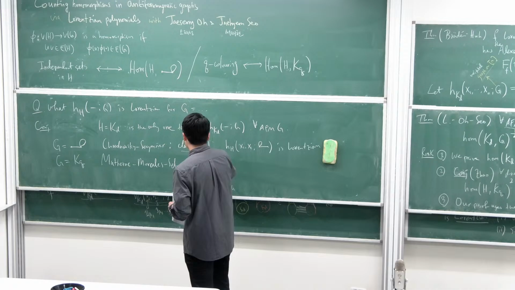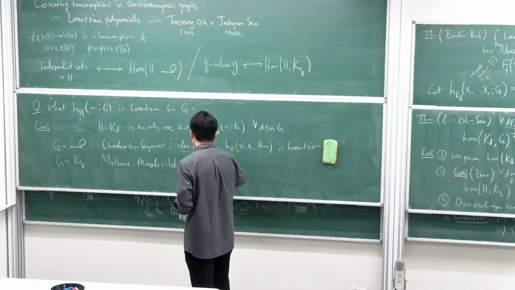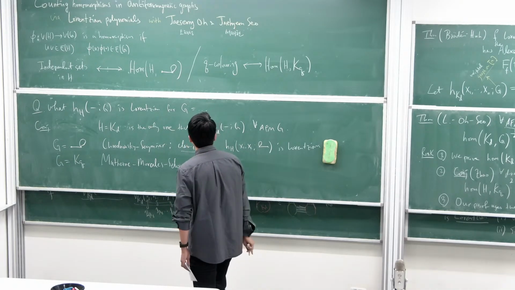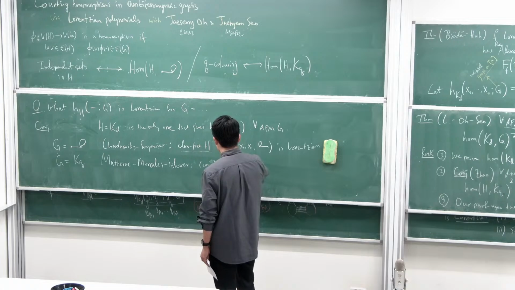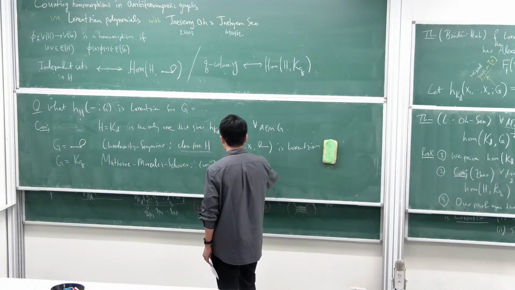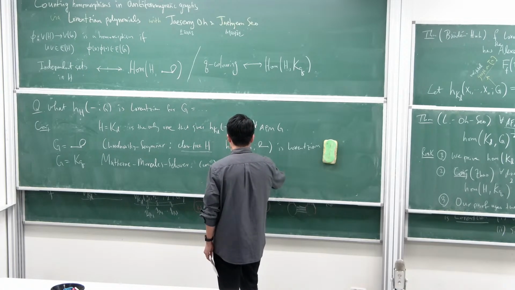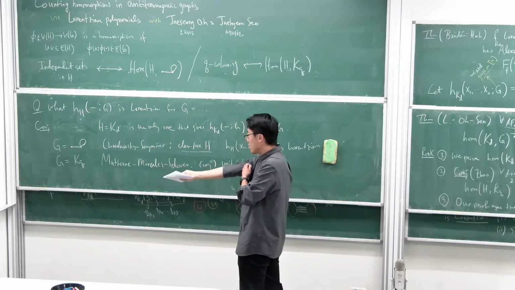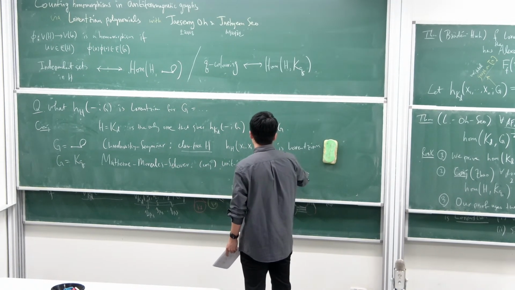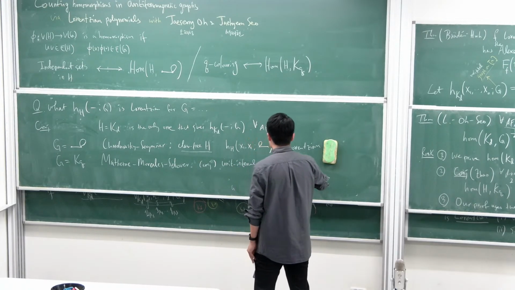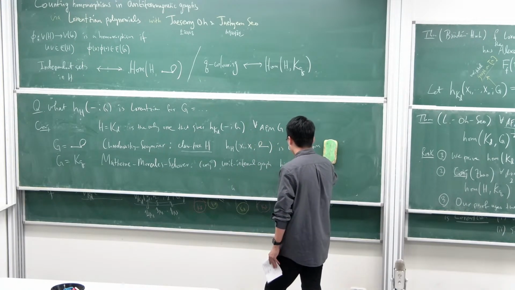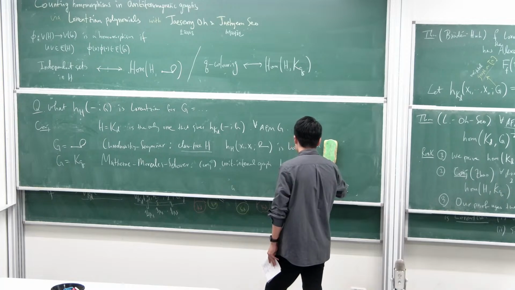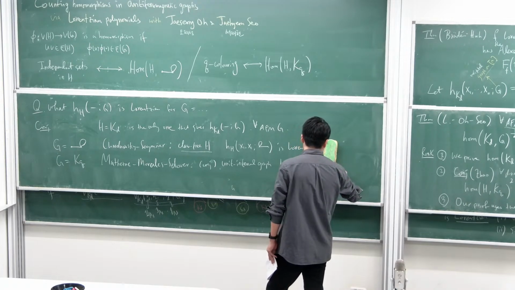And what they conjectured is that if you have a unit interval graph, which is an intersection graph of unit intervals, then this chromatic symmetric polynomial h of KQ is Lorentzian.